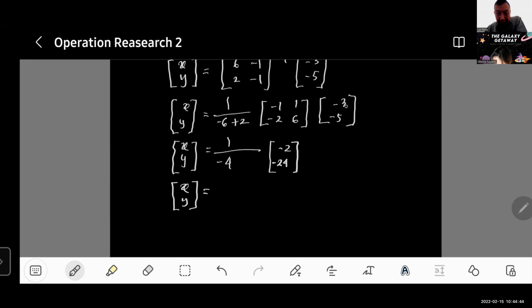And then plus 1 multiplied by minus 5. So positive 3 minus 5, that means minus 2, correct? And then minus 2 multiplied by minus 3 is positive 6. And then minus 30. Yeah, right. So minus 24. Yeah, okay. And then what do you get?